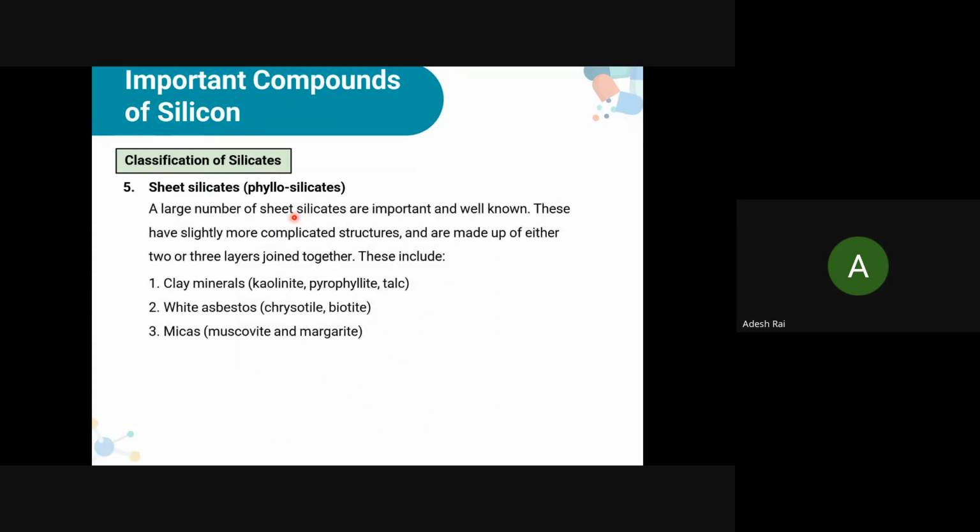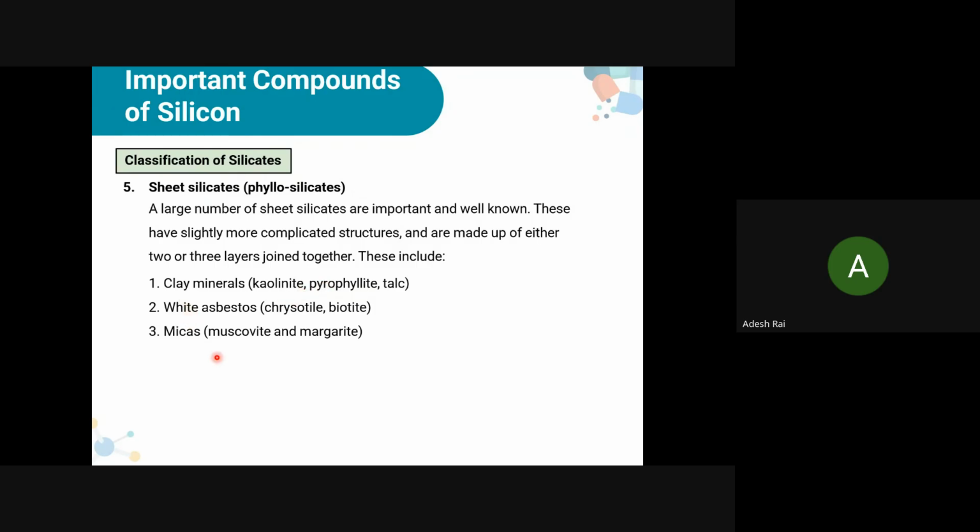A large number of sheet silicates are important and well known. These have slightly more complicated structure and are made up of either two or three layers joined together. These include clay minerals. Please remember the names kaolinite, pyrophyllite, talc, white asbestos, which is chrysotile, and biotite, and micas. So these are all the sheet silicates which are there. The clay minerals like kaolinite or pyrophyllite.